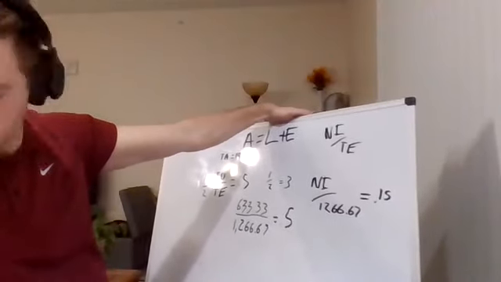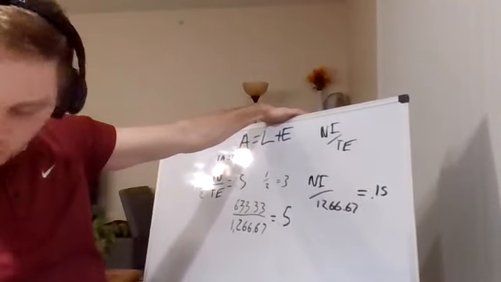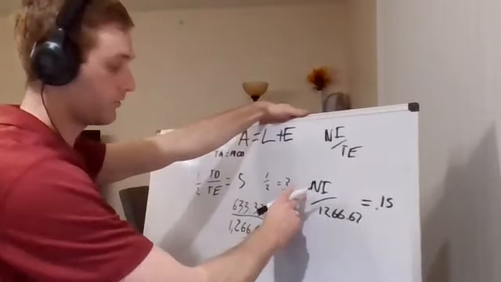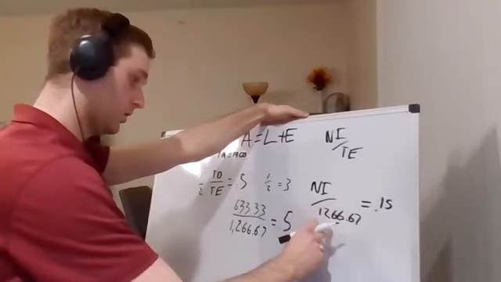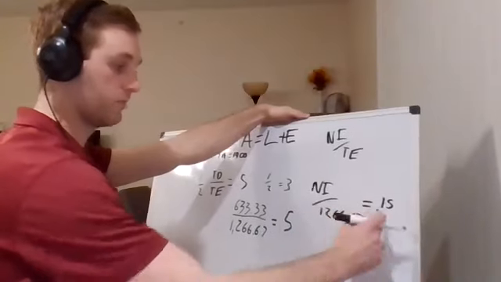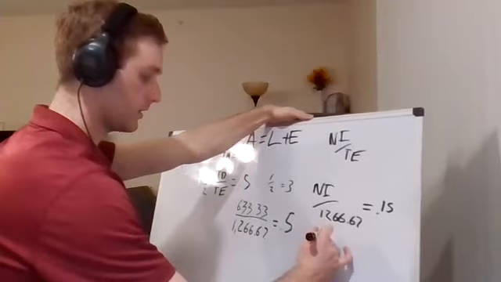So again, we just solve for net income. We'll multiply the bottom by 1,266.67 to move it over here, and when we do that, we get NI by itself.